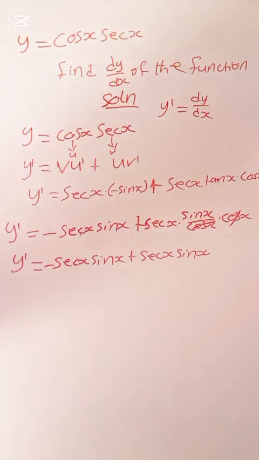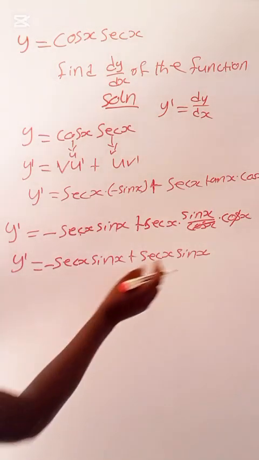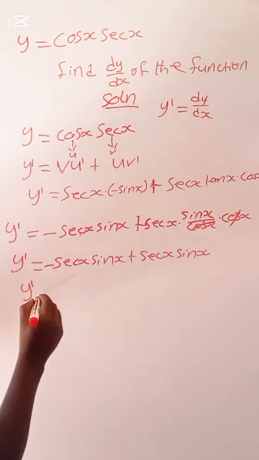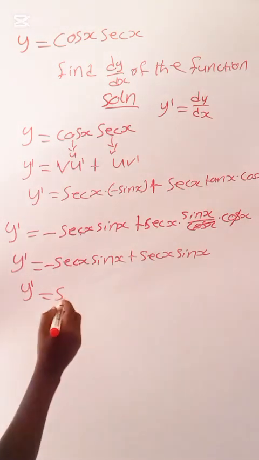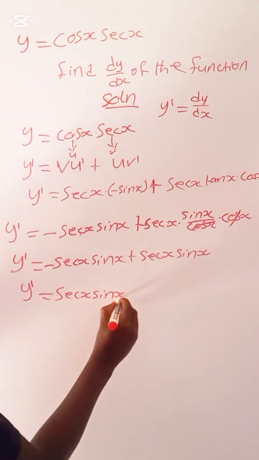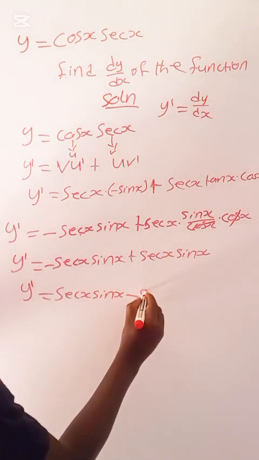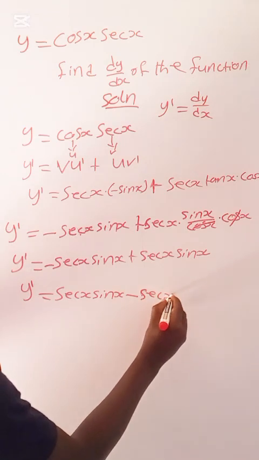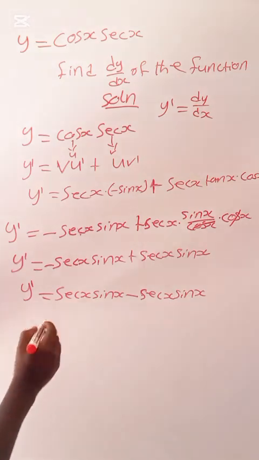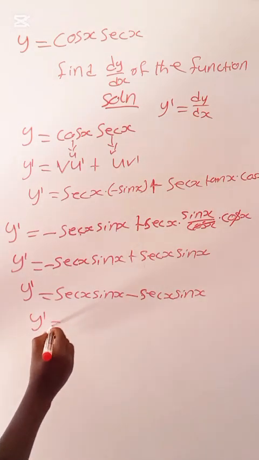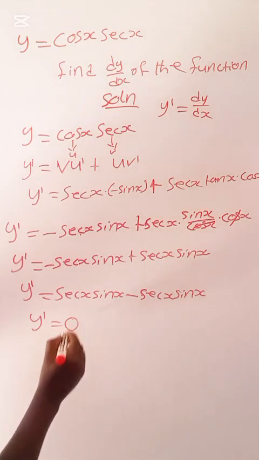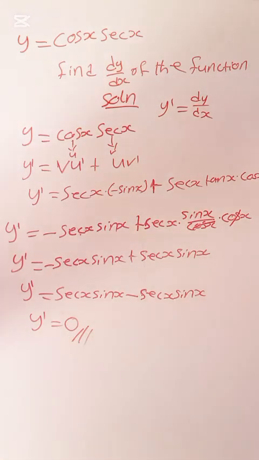That means they will be minusing each other, because if this side comes to this side, let me write it so that you can see: y prime is equal to, bringing this one to this side, which is positive, sec x sine x minus this one, sec x sine x. You see this one and this one are the same thing. So your y prime, which is the derivative of this function, is 0. Thank you.